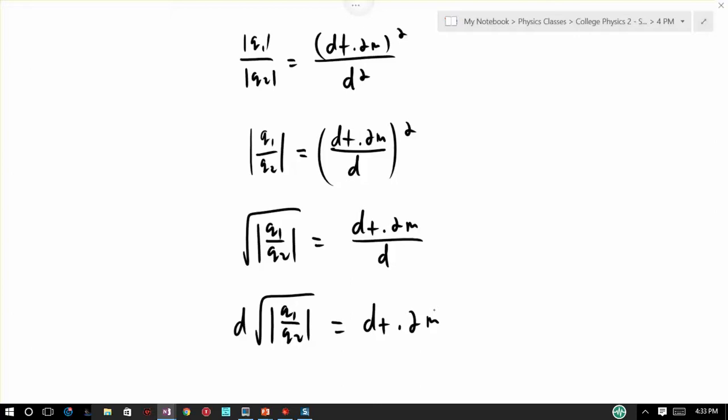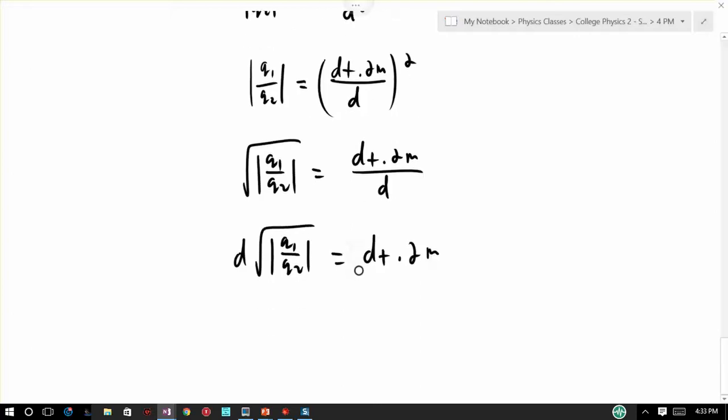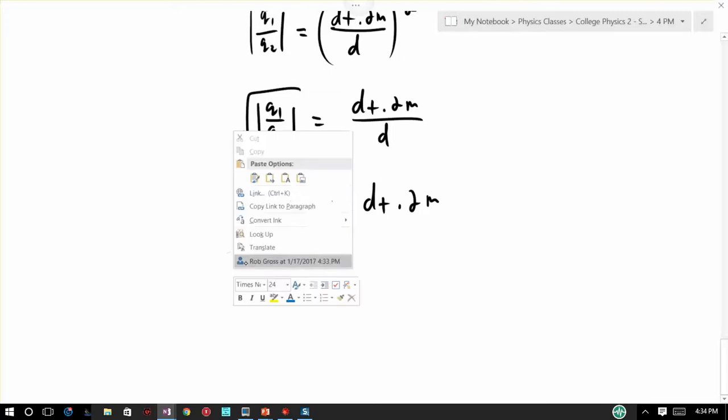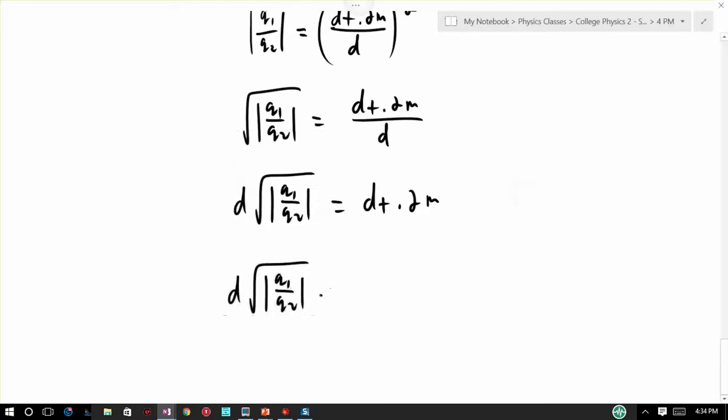And then what you want to do is get everything with a D on one side of the equation. So I'm going to subtract D from both sides, and I get 0.2 meters. And then you factor out the D.